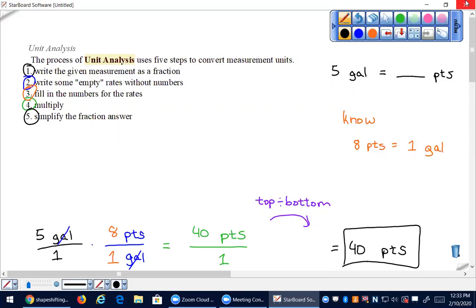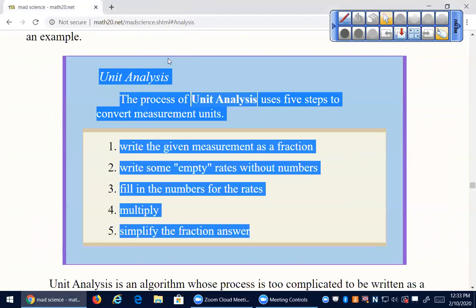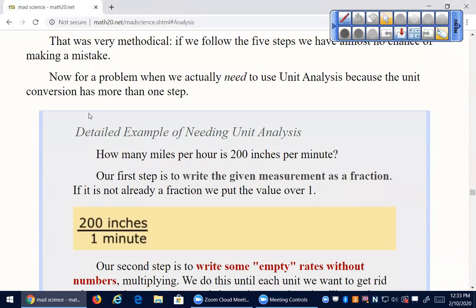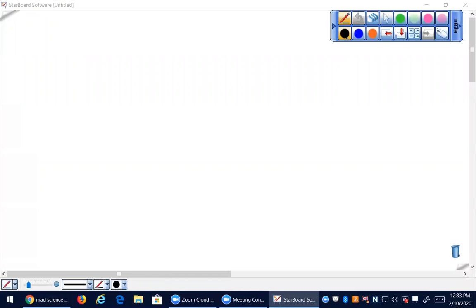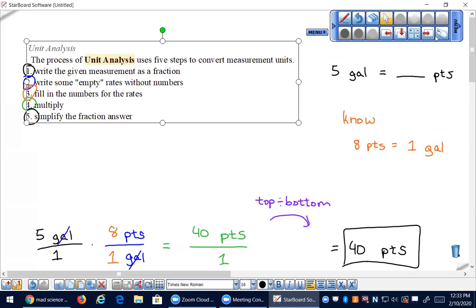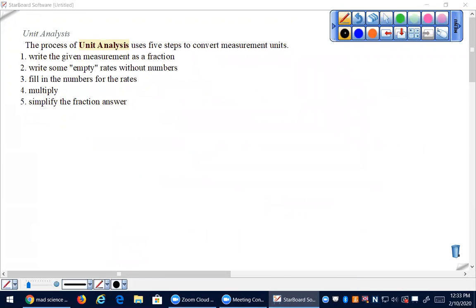Okay, we can do more complicated ones that we couldn't do very well with the 1-step stuff. So let's do a different inches per minute. That one you can always see on the screen. Okay, so I'm doing something with, I don't know, a laboratory.